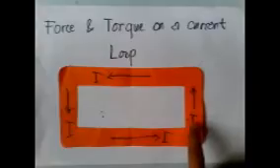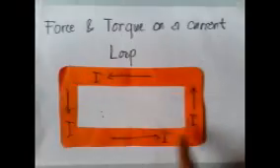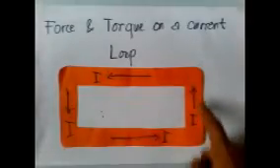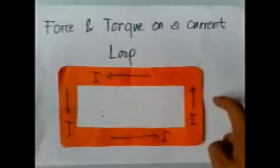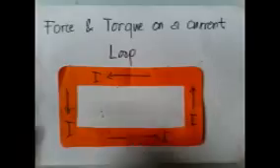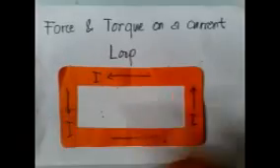Now, if the direction of the current is rotating in this loop, the force on this side is equal in magnitude but opposite in direction to the force on this side. So these two forces will cancel out.